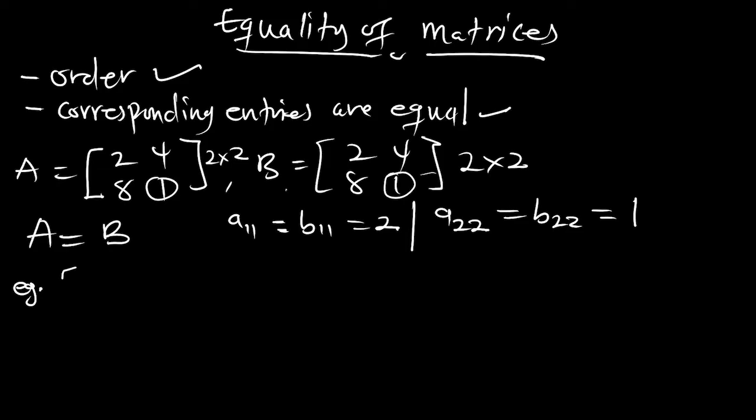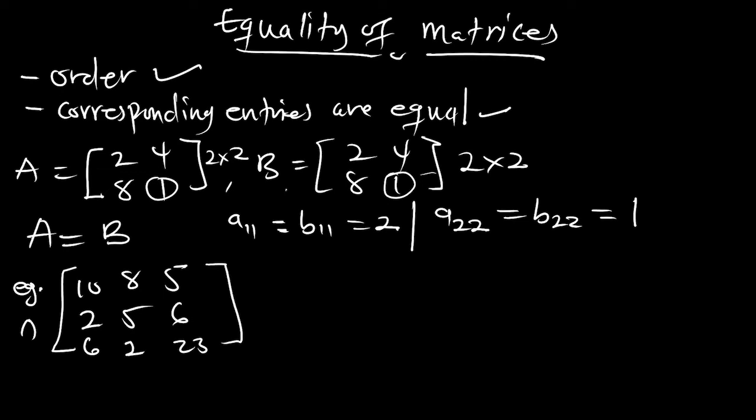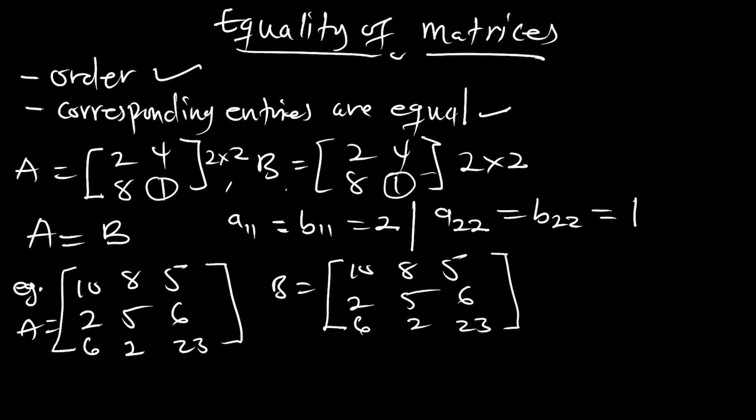We have 10, 8, 5, 2, 5, 6, 6, 2, 23 for matrix A, and matrix B is also giving us 10, 8, 5, 2, 5, 6, 6, 2, 23. So are these matrices equal? Yes. So matrix A is equal to matrix B.